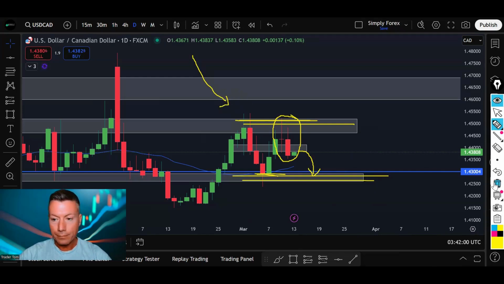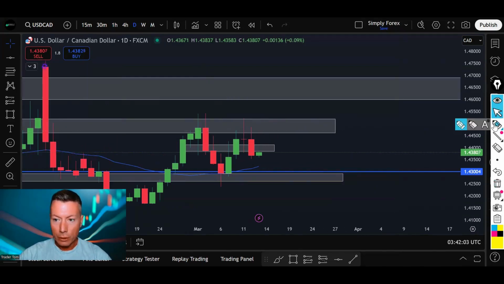So bouncing off a really good resistance level, look at this candle from yesterday, super bearish, and we've got room to move into. Again, I'm just finding pieces of confluence to take the trade. I would take it down to a psychological level, this 1.4300. So weekly, daily, tell me I can sell this pair.